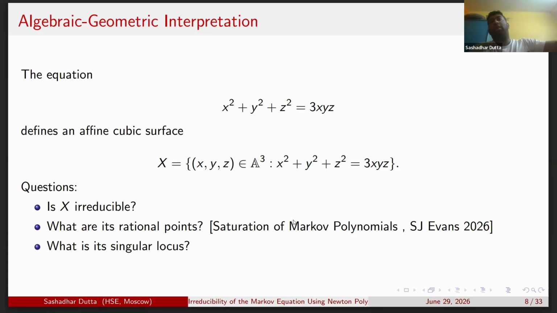There he described the Markov equations, rational points and so on, and also studied a lot of works on this topic, I mean Markov equations using Newton polygon and so on. In their paper they were using a similar method, but my topic is slightly different.